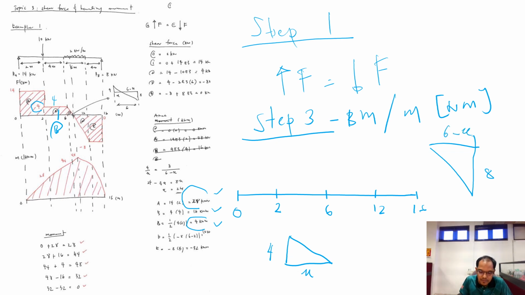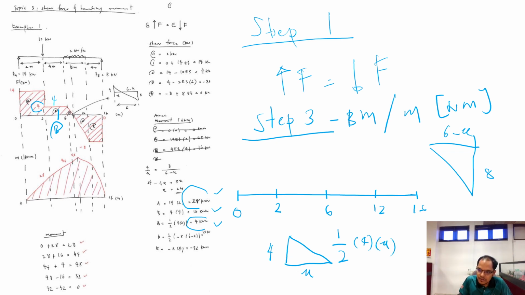Therefore, in order to get the area, we use half multiplied by height, which is 4, multiplied by the length, which is x.